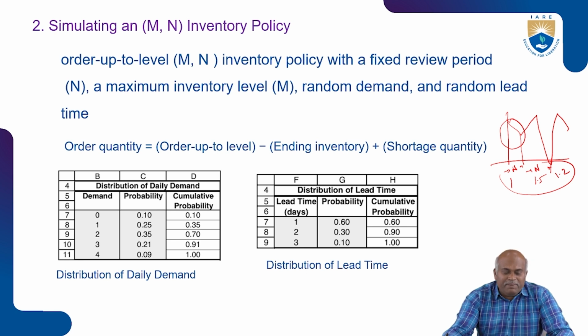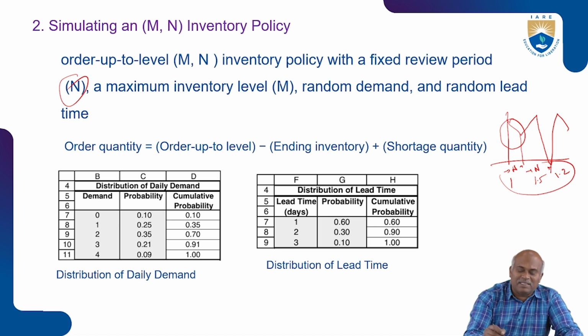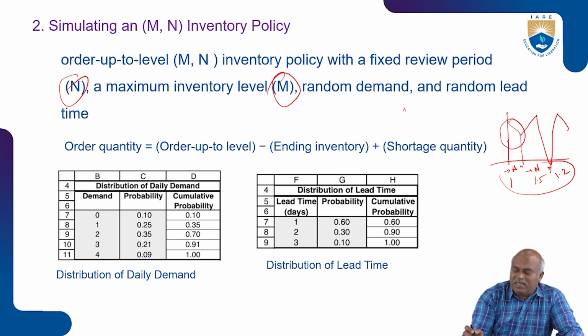So now we need to apply the order-up-to-level M comma N inventory policy with a fixed review period. I represent the review period as N. The maximum inventory level is M. The random demand and the random lead time we need to measure. So what is this?